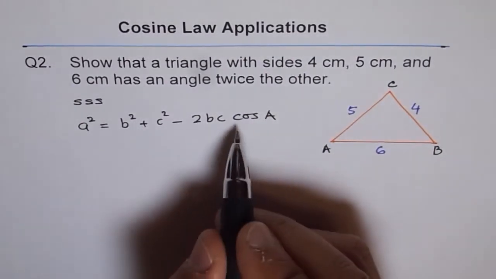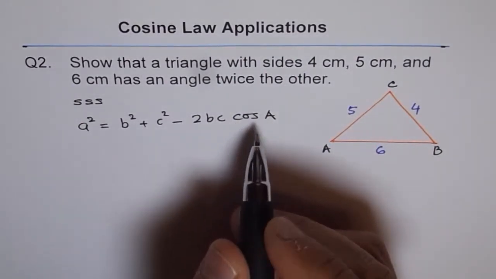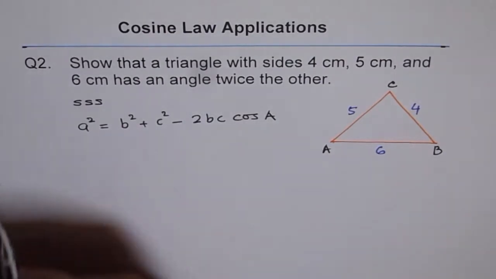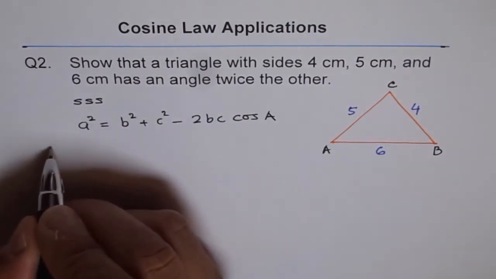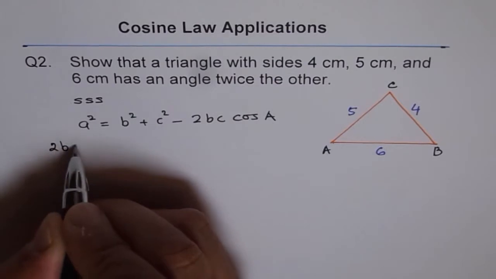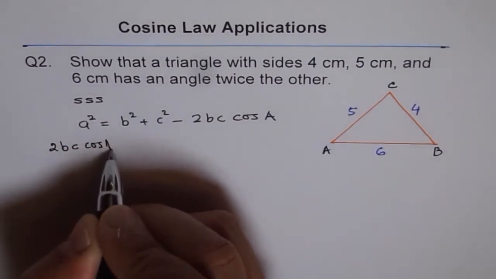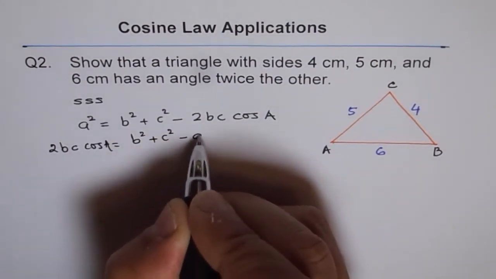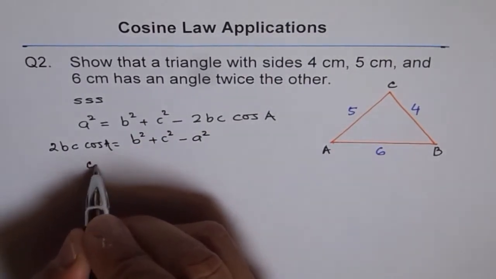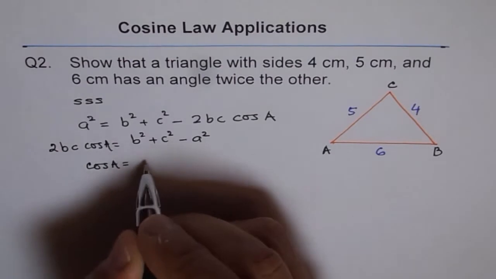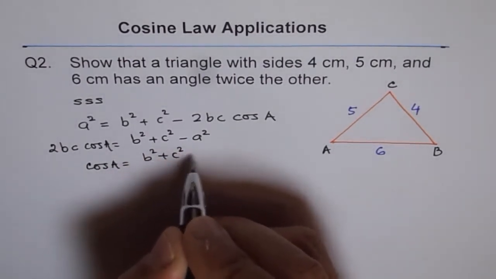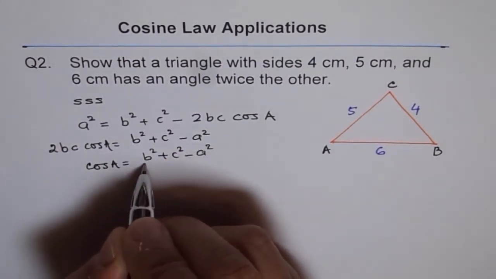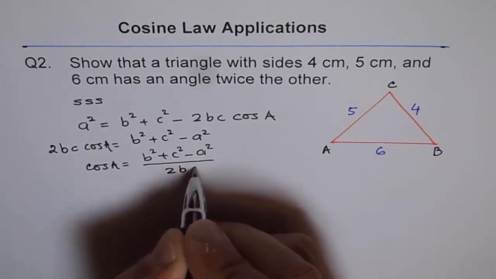Now if you have to find what cos of A is, then you have to rearrange these terms. So we can write 2BC cos of A is equal to B square plus C square minus A square, or cos of A is equal to B square plus C square minus A square divided by 2 times BC.